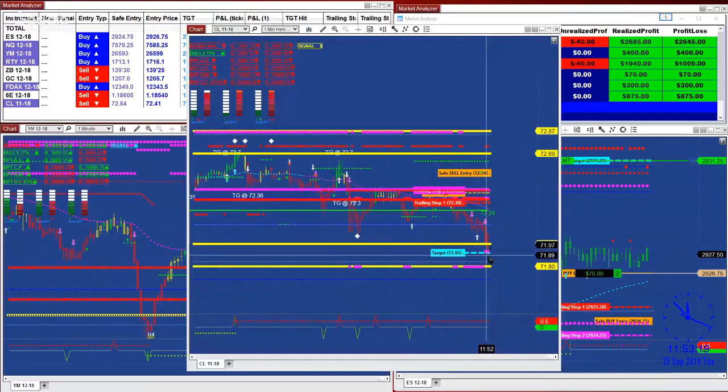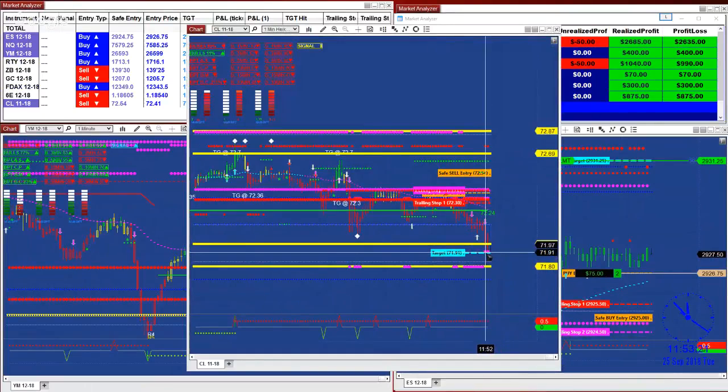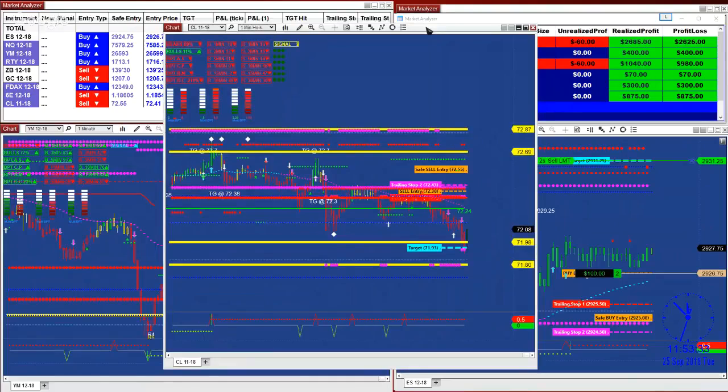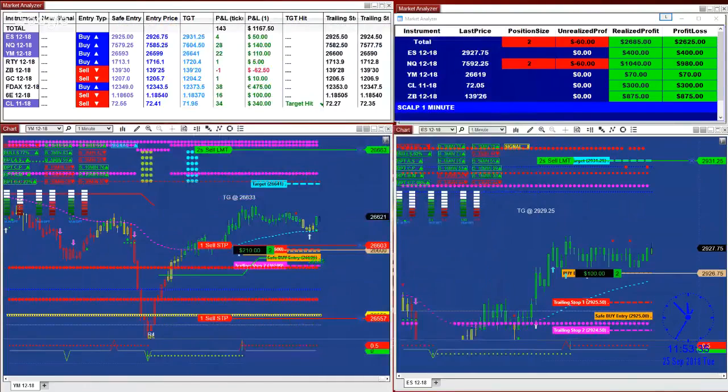Target hit, guys, on the CL. Target hit at 71.91, and now it's about to reverse. So let me see if I can find anything on the CL. And now there is a lot of buyers coming in on those two trades, the YM and the ES.